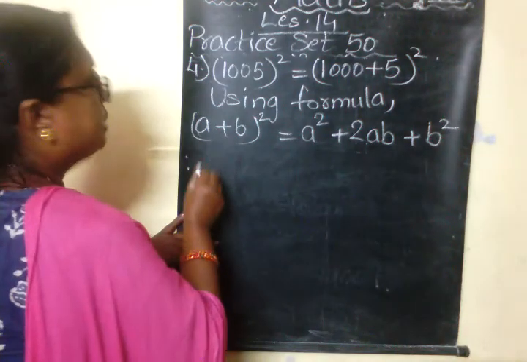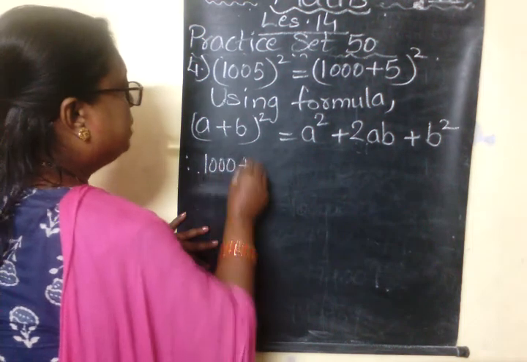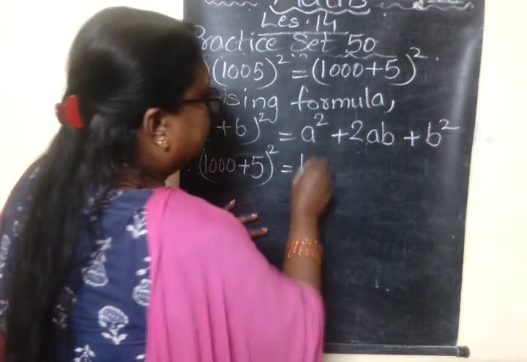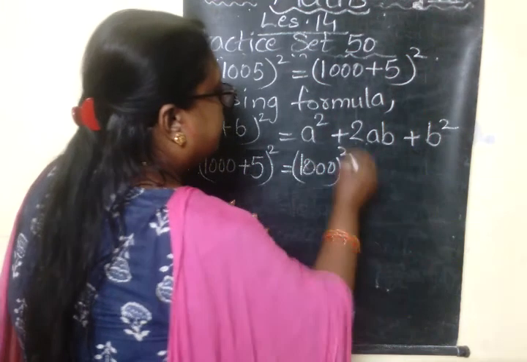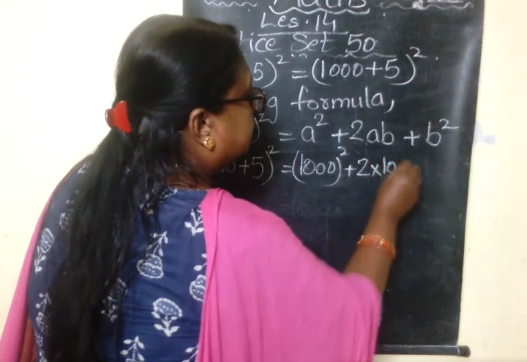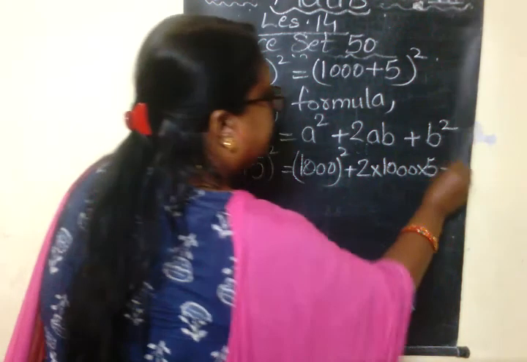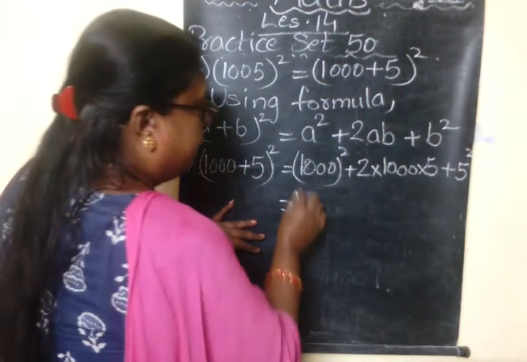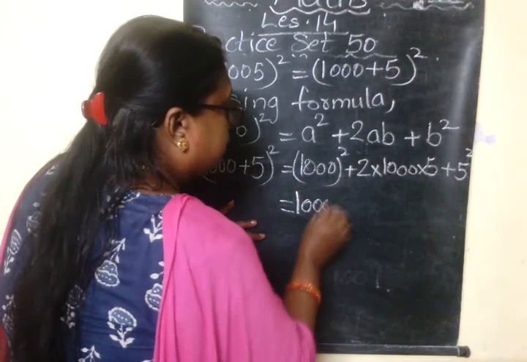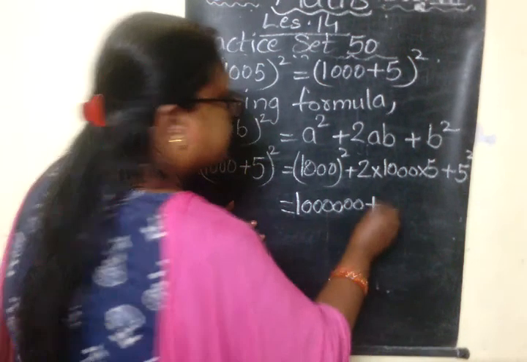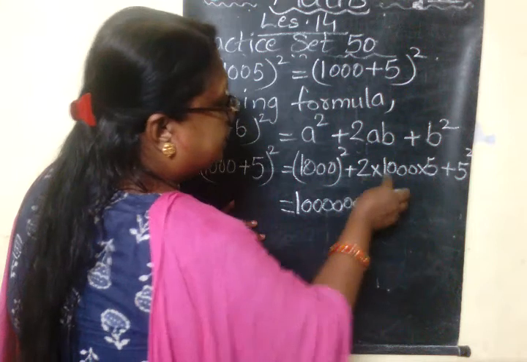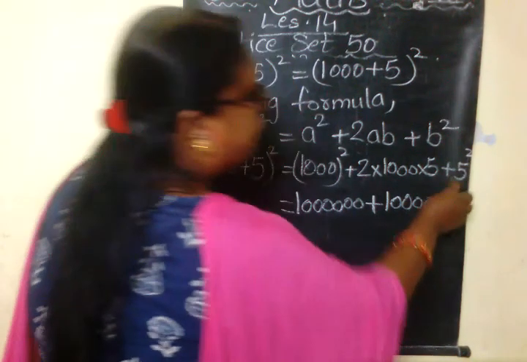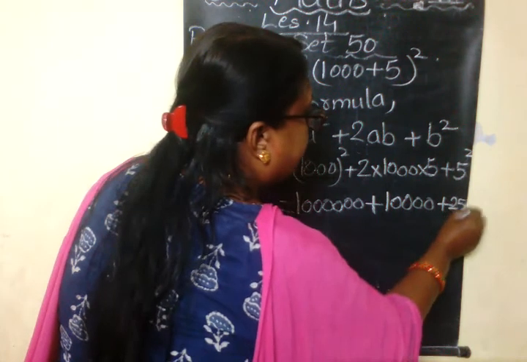So 1000 plus 5 the whole square is equal to 1000 square plus 2 into 1000 into 5 plus 5 square. Now as I told you, 1000 square will be 1 and then 6 zeros, plus 5 into 2 is 10, 10 into 1 is 10 and then 3 zeros, plus 5 square is 25.